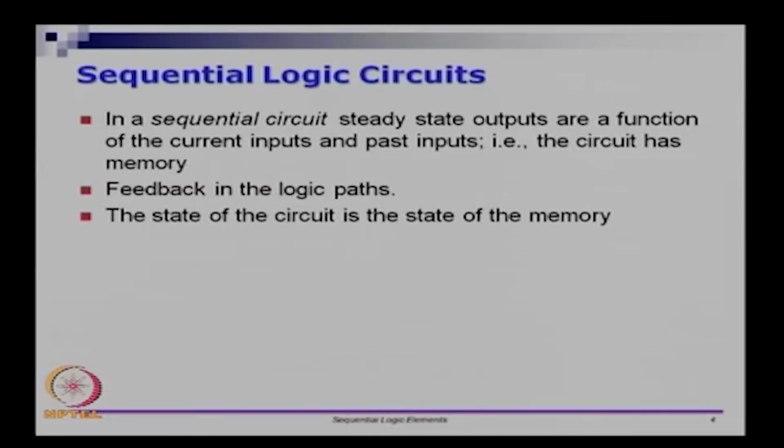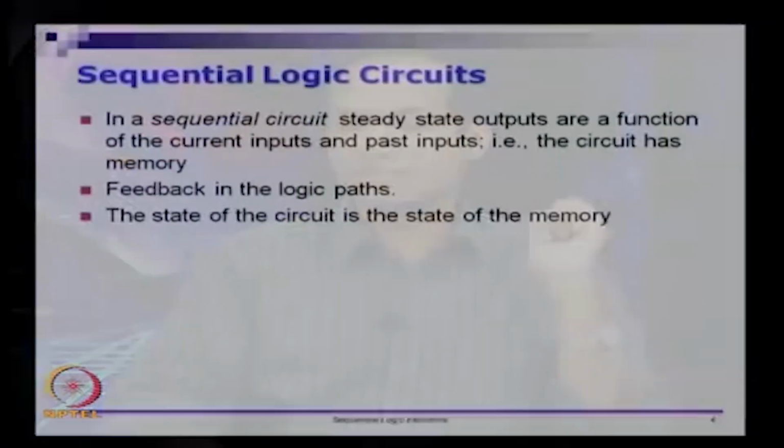So when I say current and past, it also means current and future, right. If I store something now, it is available for the future, it will be remembered for the future also until some other condition happens. So what this means is, in terms of the circuit, there is actually some feedback path.